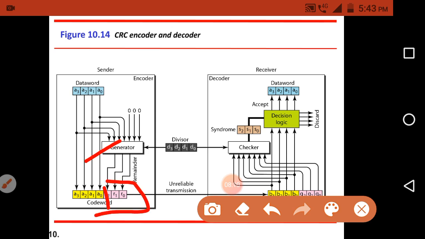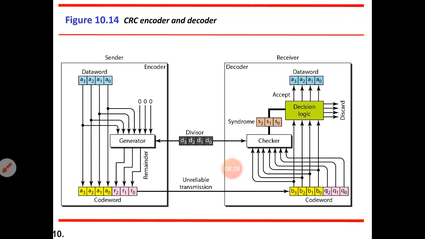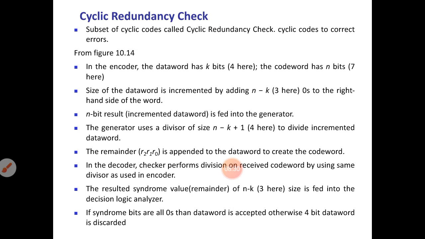Those 3 bits we need to append to the original data word. So remainder plus data word gives us the code word. So the remainder r2, r1, r0 is appended to the data word to create the code word.